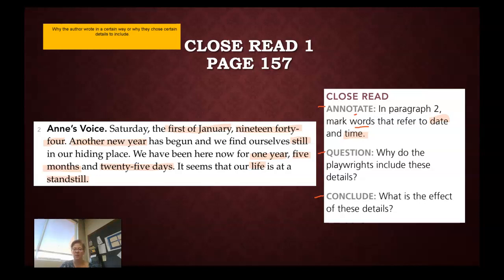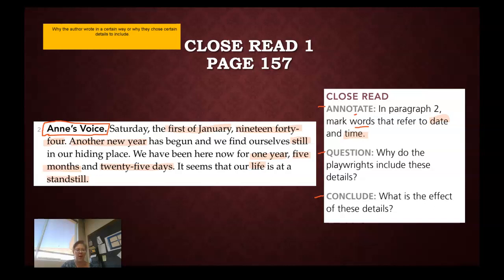So then the question that they ask is, why do you think the playwrights include these details? Well, I think the motivation for including these details has to do with helping us as the reader or audience understand how Anne is feeling. So she is feeling stuck, right?